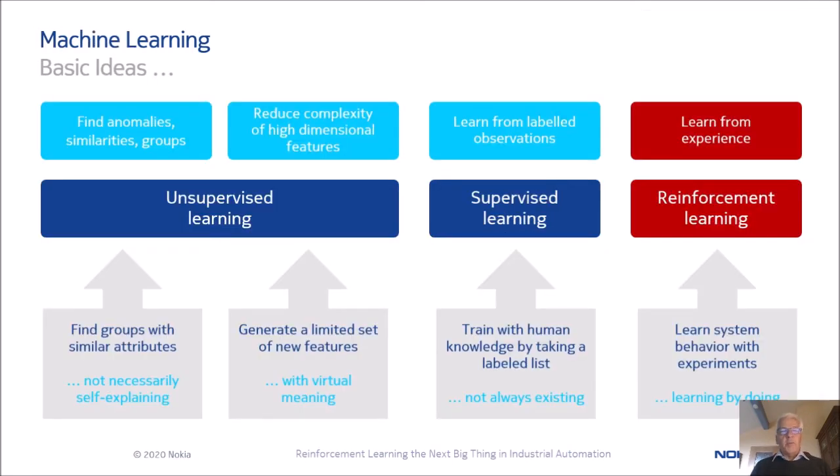What are we doing with machine learning in general? I'm sure you know we have been doing a lot of unsupervised learning in the past. What unsupervised learning does is finally try to find groups, similarities and anomalies. You can even reduce the complexity of high-dimensional features to a limited set of new features. The problem with that approach is that you certainly get similarities and groups, but you don't necessarily get an understanding of those groups.